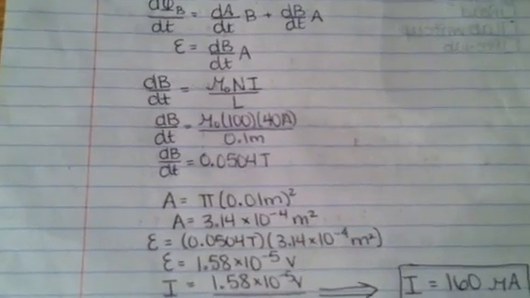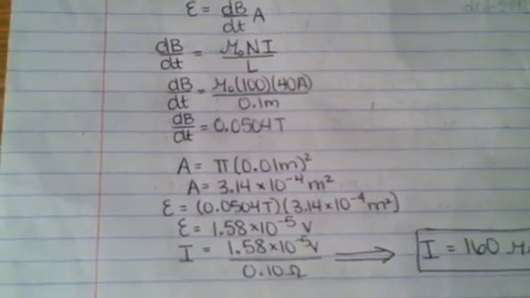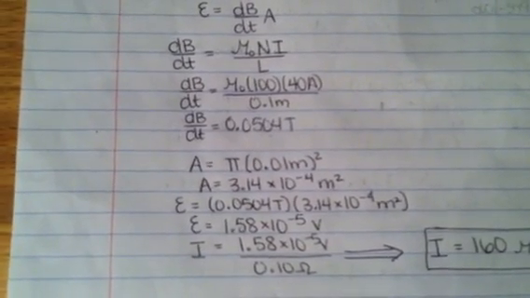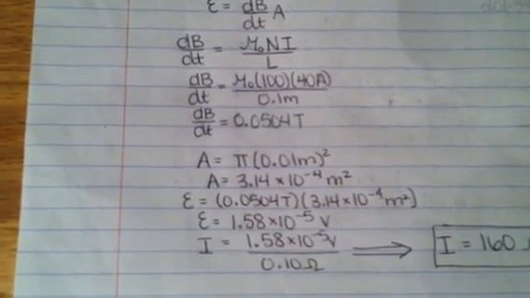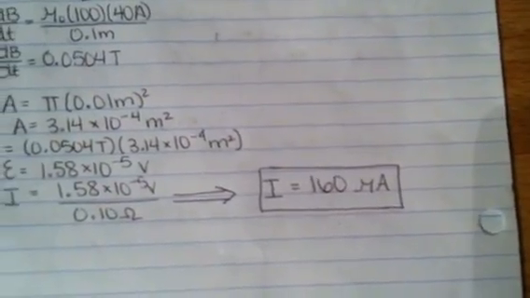So finding the area and finding dB dt, we multiply them together to find the voltage, which comes out to 1.58 times 10 to the negative fifth. And they give us the resistance at the beginning of the problem, so we used that information to find current, and I found it to be 160 microamps.